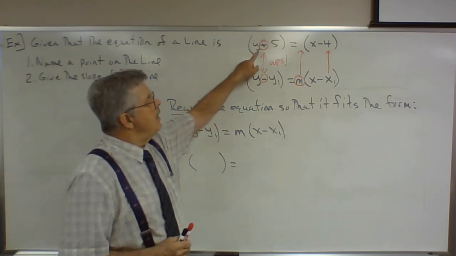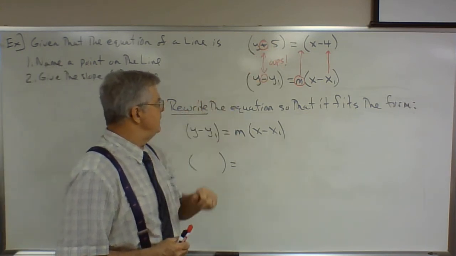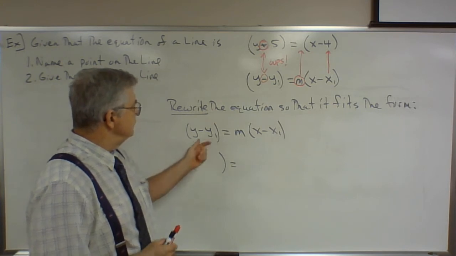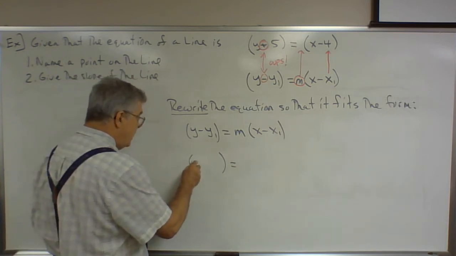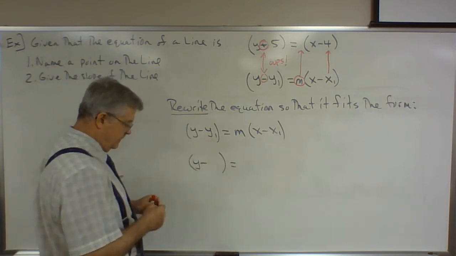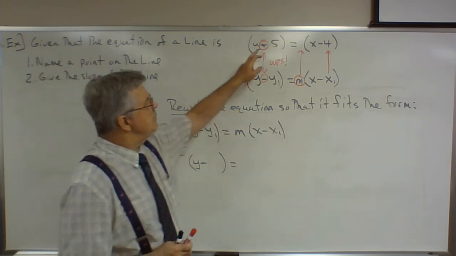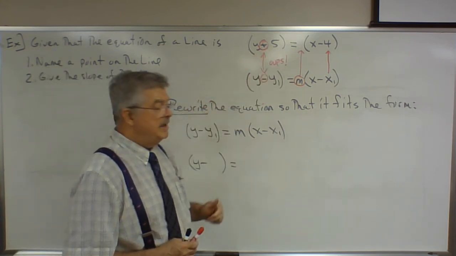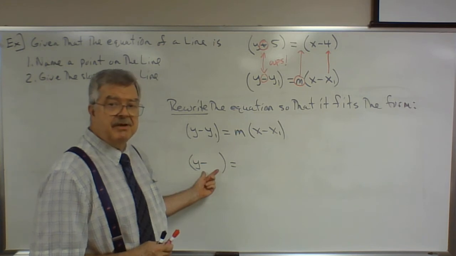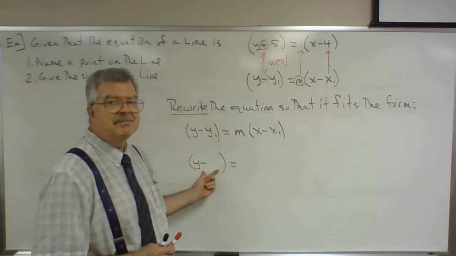I have y plus 5 here, but I want it to look like y minus something. So how am I going to take y plus 5 and write it as y minus something? What do you think?